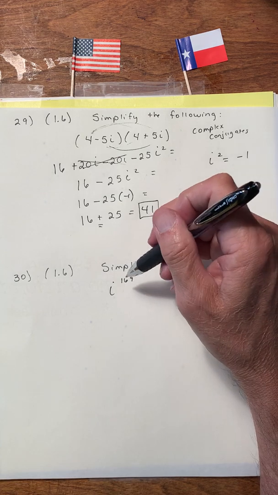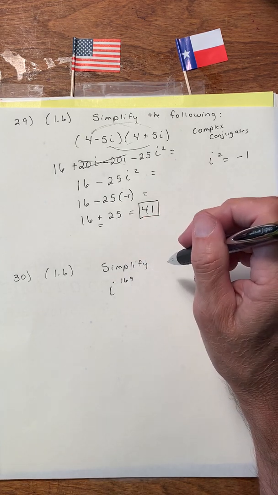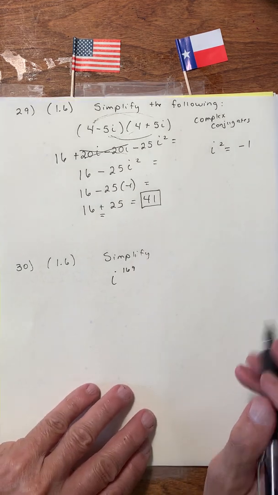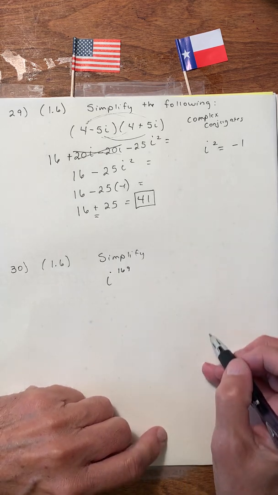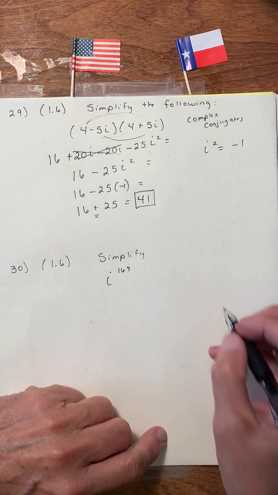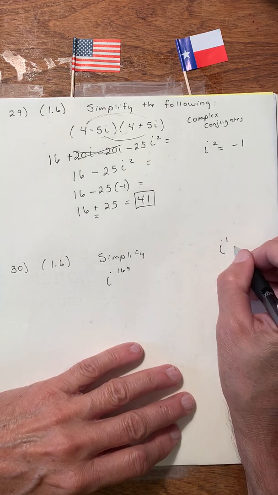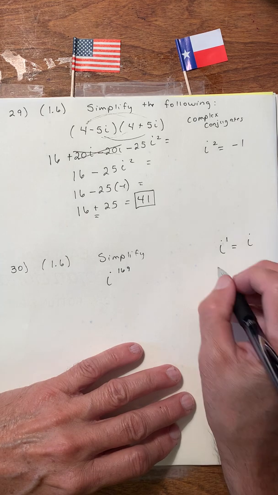All right, finally, i to the 169th power. Oh my goodness, how am I going to find that out? Well, it's from this observation. When we started detailing what i to certain powers was, we found out that i to the first is just i, no surprise there.